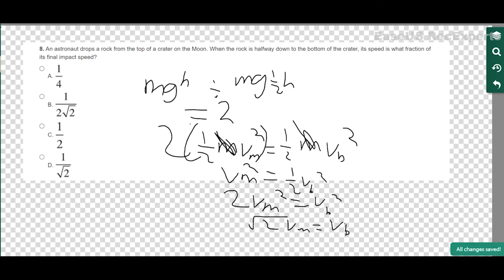So in terms of v bottom, or the final impact speed, you will have root 2 times v middle.